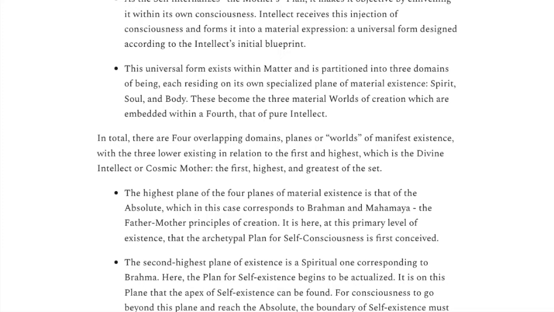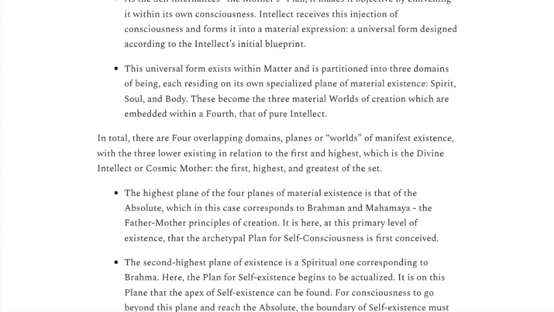And so likewise, the second principle, the spirit, contains the other two, the lesser two, within itself. And then likewise, the soul, which is the third from above, contains the fourth principle within itself. So there's this nesting Russian doll kind of situation.